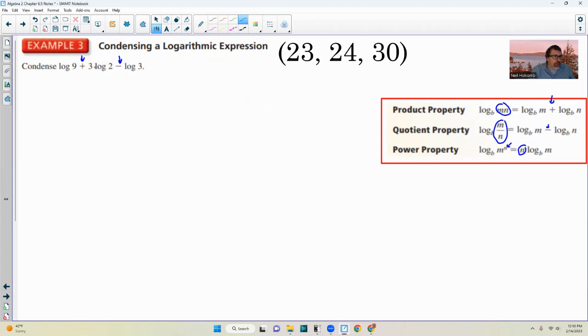Okay, so that's what we're going to start with. So I'm going to say that this equals the log of 9 plus, I'm going to take this 3 and move it up to the power. So that's going to be the log of 2 cubed minus the log of 3. Okay, so I wanted to show my work there.